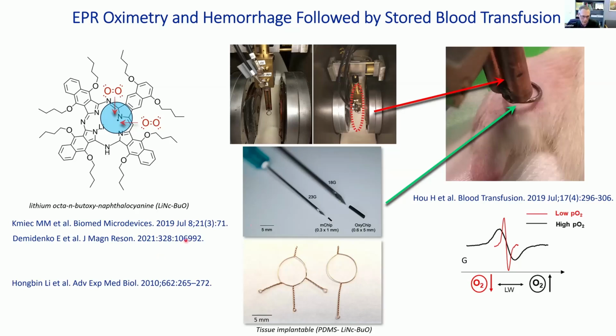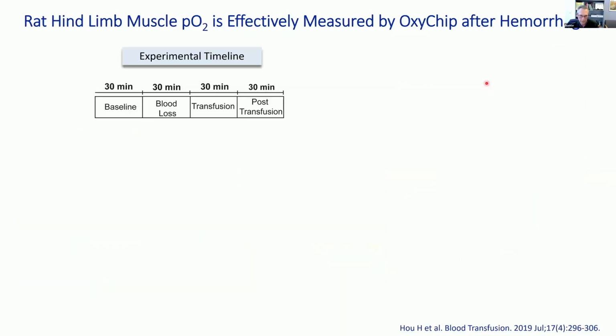So here we started looking at chip implantation with oxychip, and we didn't use the M-chip, we used the oxychip here, and that was implanted into the hind limb muscle, the gastrocnemius of the rat, and then we basically looked at oxygen changes based on hemorrhage.